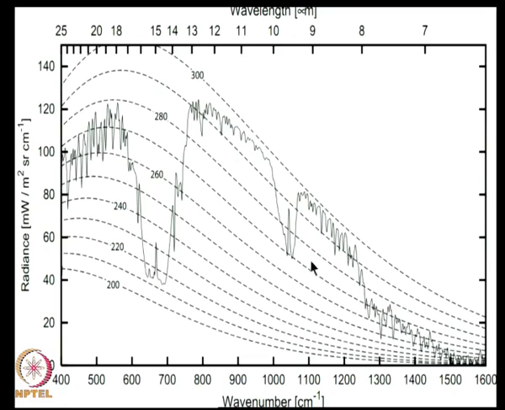And you can clearly see that carbon dioxide is such a strong absorber that the emission from the earth in the carbon dioxide band is coming not from the surface at around 300 K, but from the tropopause at around 200 K.